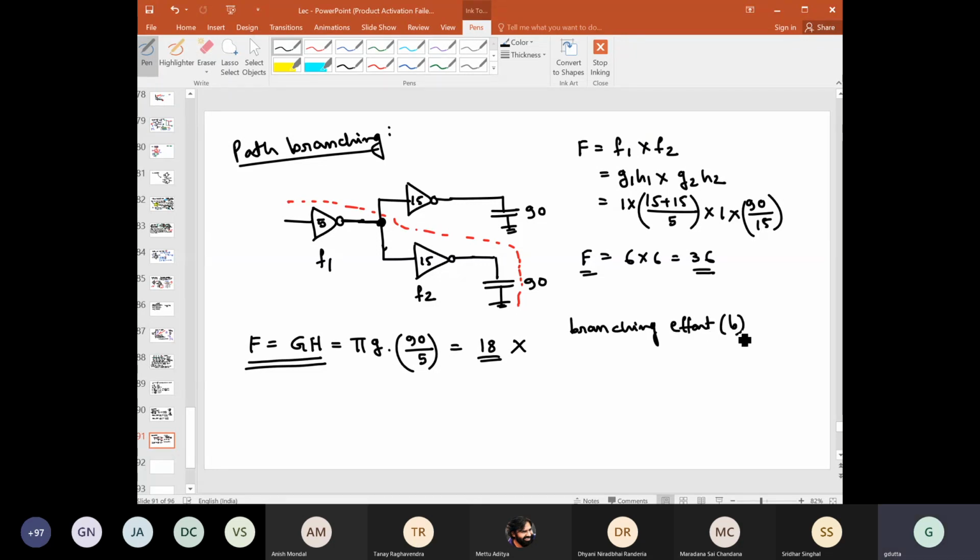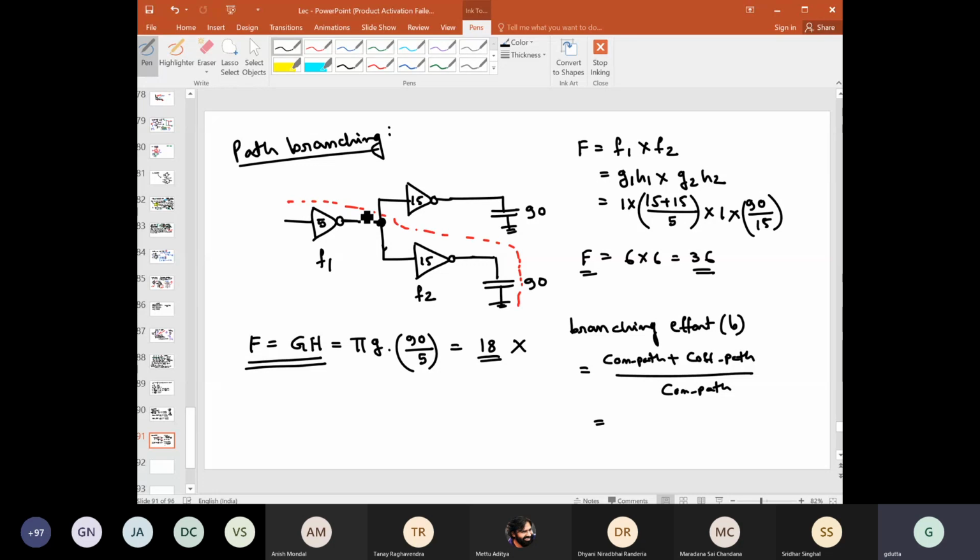Branching effort is given with a small b, since we are considering a single gate. It is given as C on path plus C off path, divided by C on path. What does that mean?